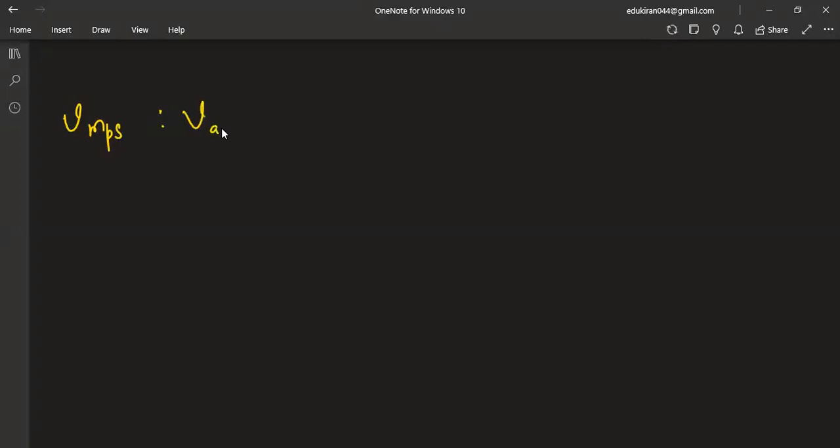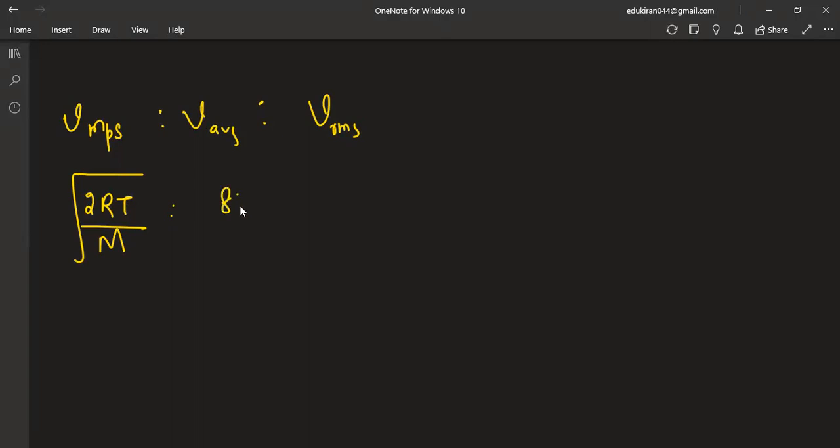ratio to average speed, or mean speed, to root mean square speed. I'm writing it below so that you remember, because their ratio is also asked. Most probable is under root 2RT by M, where M is the mass of the molecule, R is the universal gas constant, T is temperature.